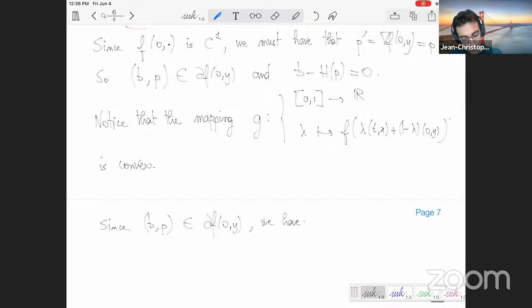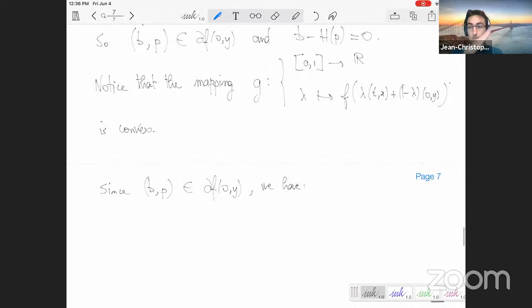I'm going to be a little bit quick, but we have a slope which bounds from below f at the origin. And so when I compute the derivative of g at 0, I will get that it's at least as much as what is described by (b, p).